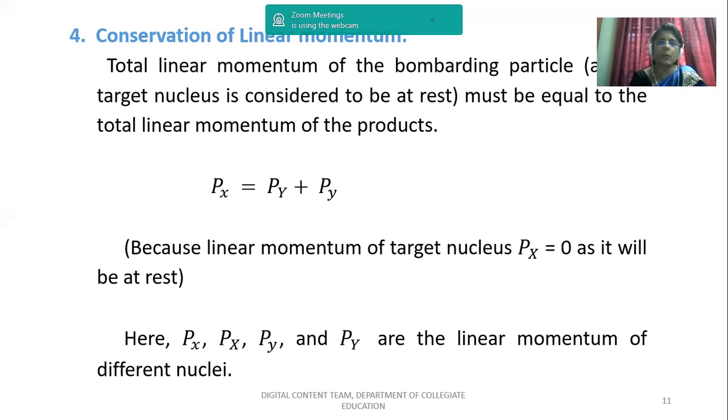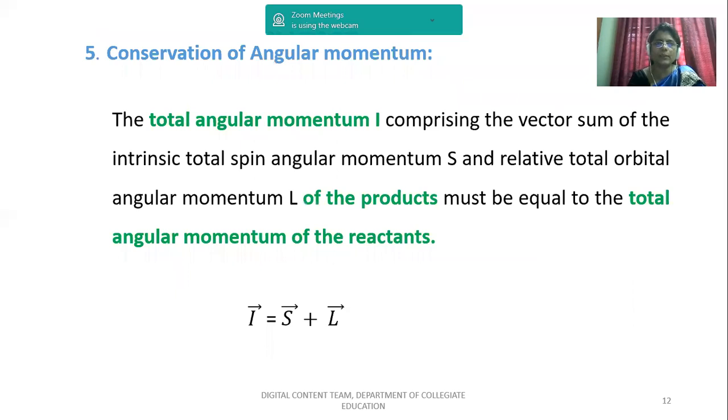So with this, we'll move on to another very important type of conservation law called conservation of angular momentum. The total angular momentum I, comprising the vector sum of intrinsic total spin angular momentum S and relative total orbital angular momentum L of the products, must be equal to the total angular momentum of the reactants.